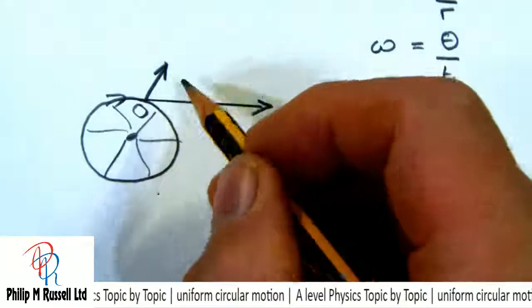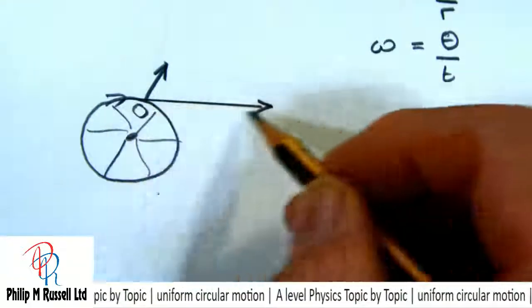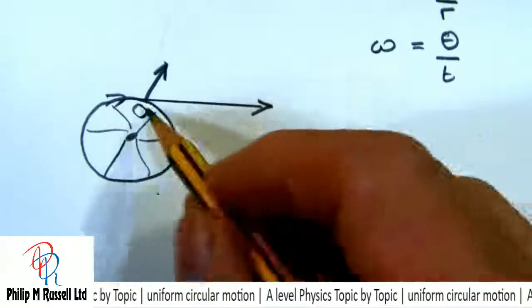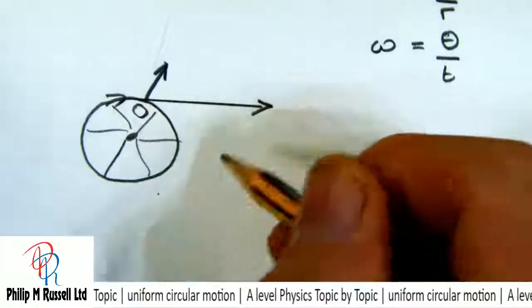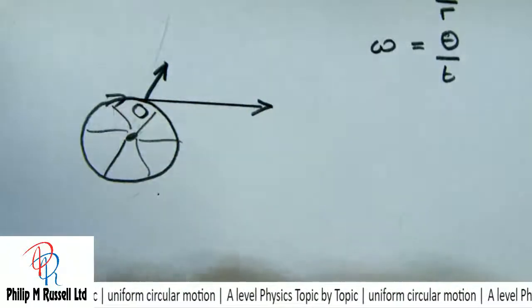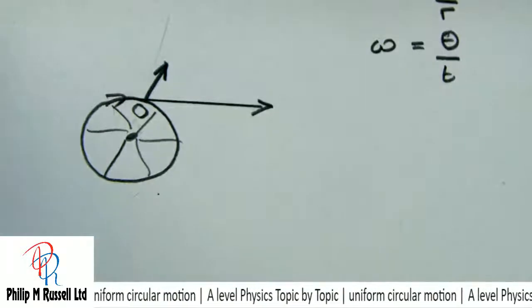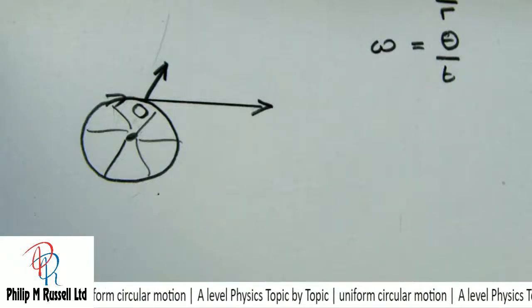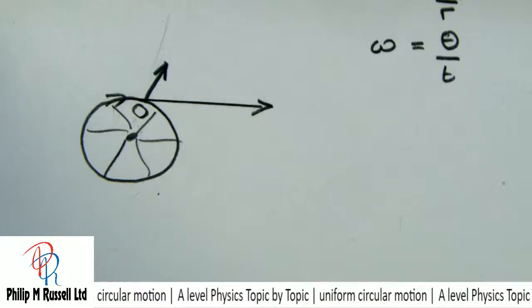You feel like you're being thrown out, but in fact you're basically trying to carry on in a straight line because of velocity. Well, let's have a look at what we can see about forces going along with this, and we'll have a look at another little experiment that does this.